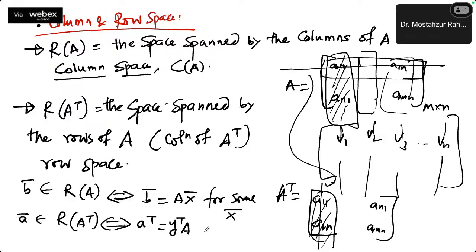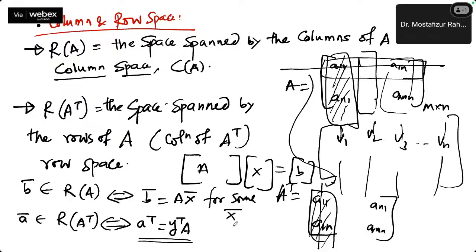So earlier our structure was AX equals B, this was our A, this was our X, and this was our B. Now this equation changed. This is now A transpose equals Y transpose times the matrix A. So structurally the thing is changed.